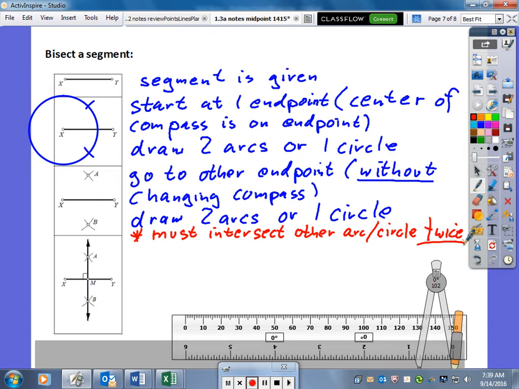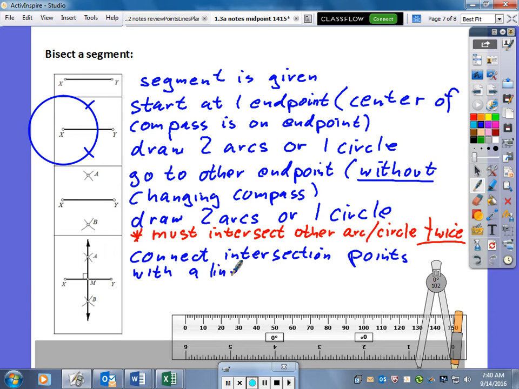So we would now use our straight edge and connect those two intersection points A and B. So this line that we have created is a bisector of the segment X and Y.